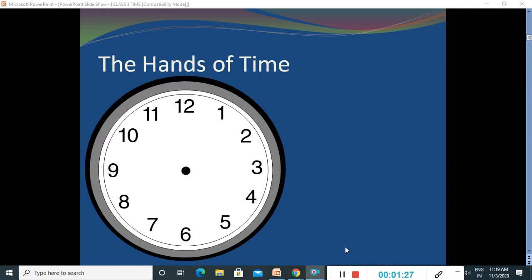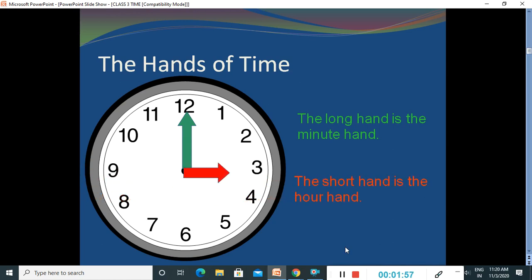Here you can see a dial. The face of a clock is called dial. A dial is given to you and the hands are not there. Now we will show the hands. The green hand is the long hand and we call it the minute hand, because it shows the minutes.